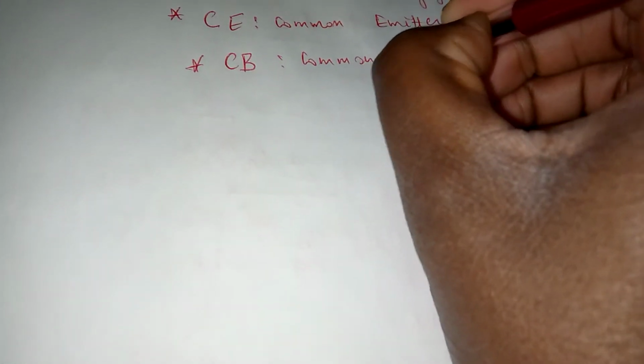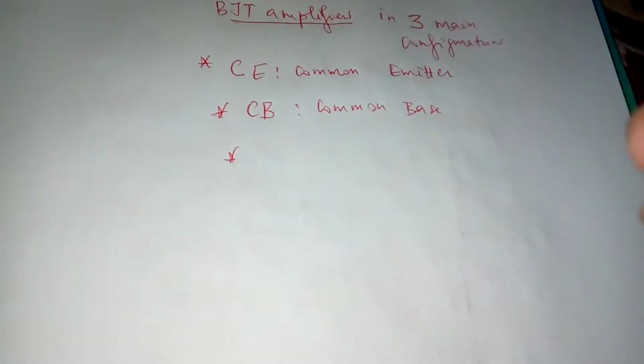These include what we call the common emitter configuration, the common base configuration, and the common collector configuration.